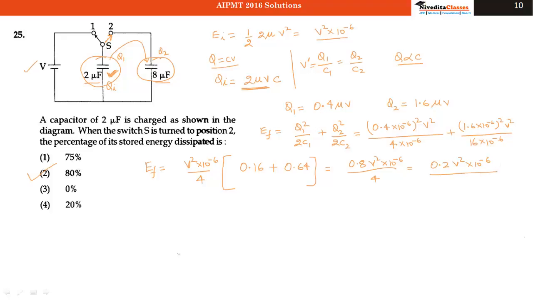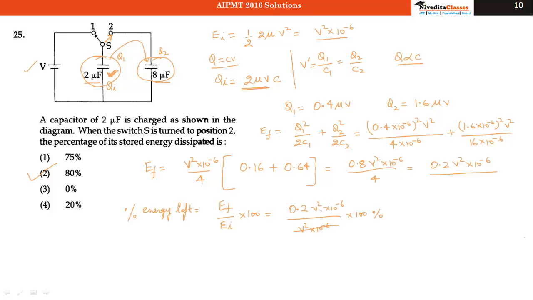Clear? Now, how much energy is left in terms of percentage? The percentage energy left will be equal to EF divided by E initial multiplied by 100. So putting the values, 0.2 V square into 10 raised to power minus 6 divided by V square into 10 raised to power minus 6, into 100, this is in terms of percentage.